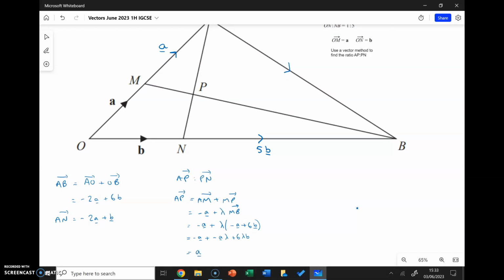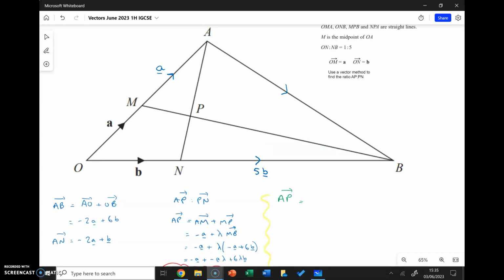Notice I factorise out the positive a rather than a negative a. That's always a better way of doing it, which means I'm left with minus 1 minus lambda on the inside, and then I don't need to do anything here because it's just b by itself. So that is my A to P. And that is sort of important, so let's pop that in a little cloud.